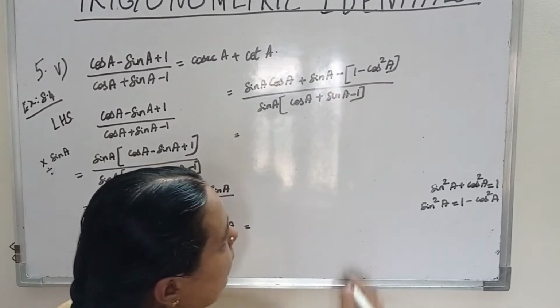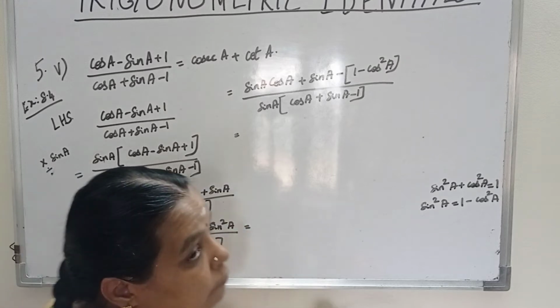What is 1 minus cos square A? What is the form identity of 1 minus cos square A?